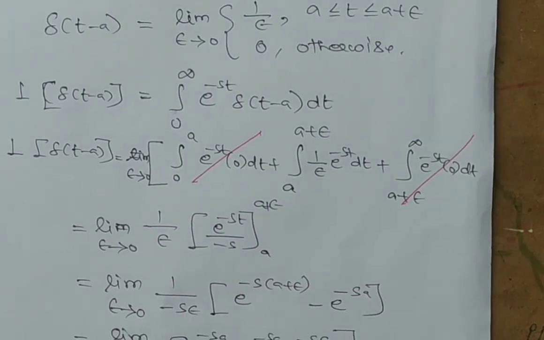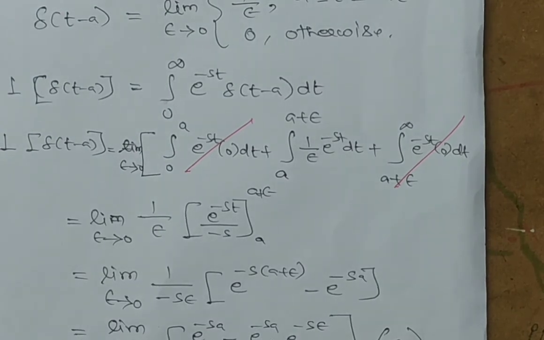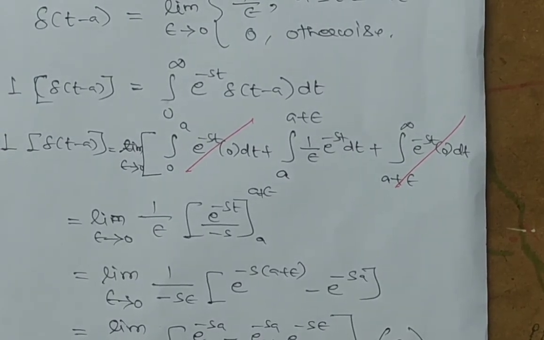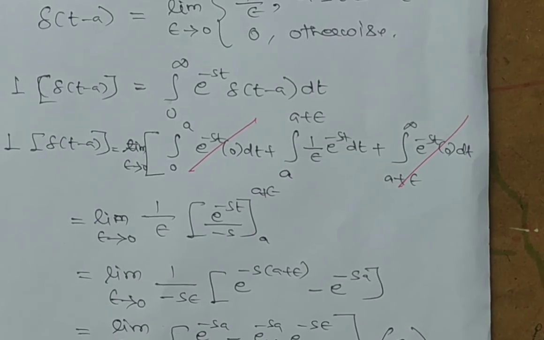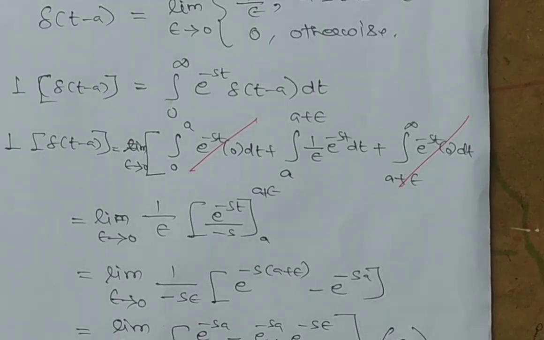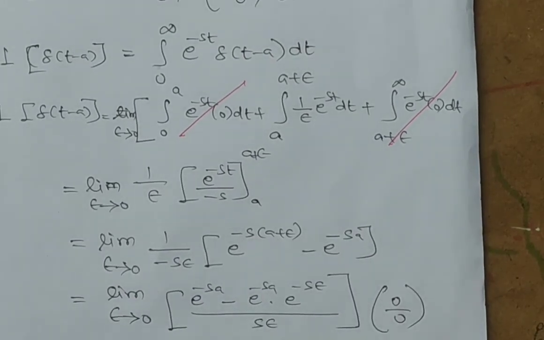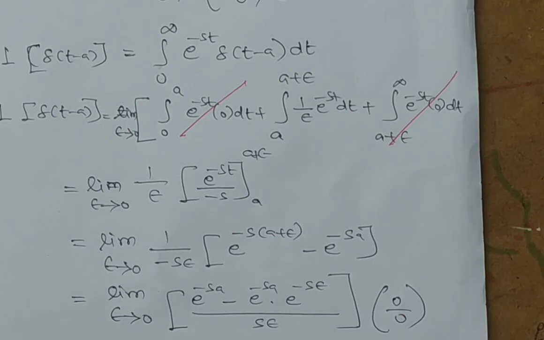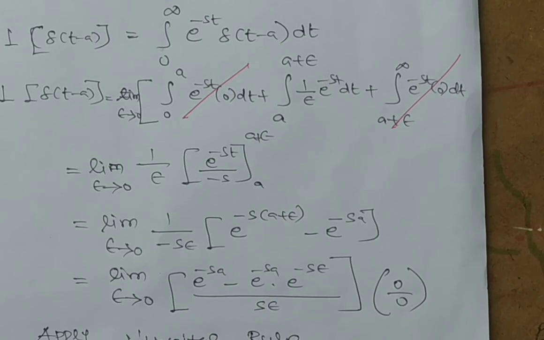The remaining one is the limit as epsilon tends to 0 of 1 by epsilon, integration of e power minus st by minus s, with limits between a and a plus epsilon, which gives the limit of 1 by s epsilon times the upper limit e power minus s into a plus epsilon minus e power minus sa.